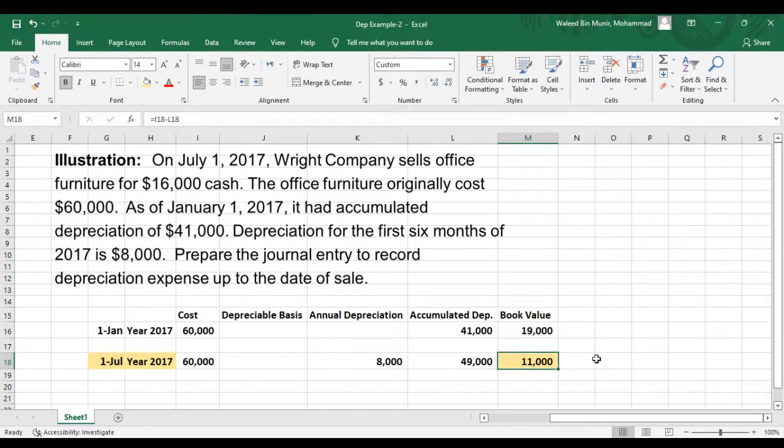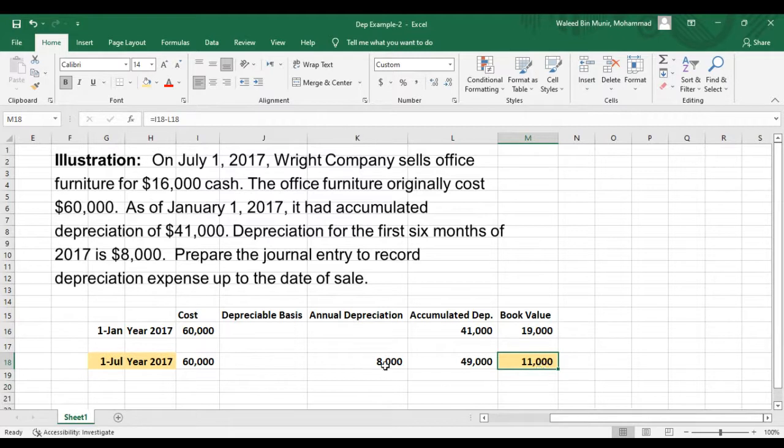What is the sale value? Book value is 11, we are selling it for how much? It is given. Read the question, first line. 16,000, and we are selling it for 16.